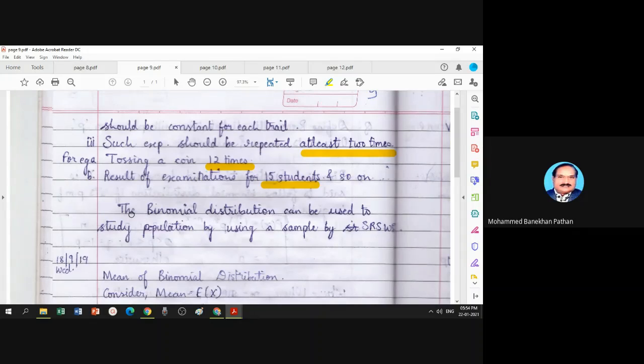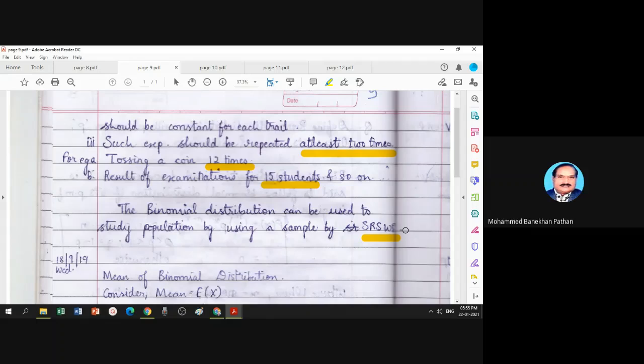You have a third situation: the binomial distribution can be used to study a population by using a sample by simple random sampling with replacement. In your paper 1, there are 2 types of sampling methods, simple random sampling with replacement and simple random sampling without replacement.